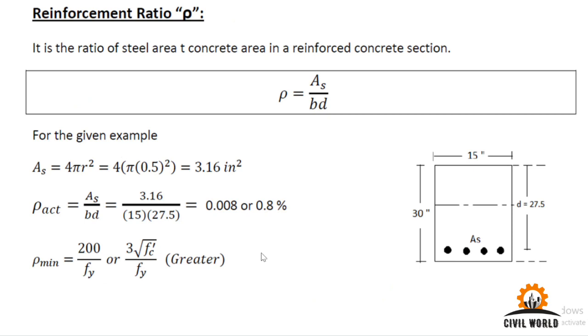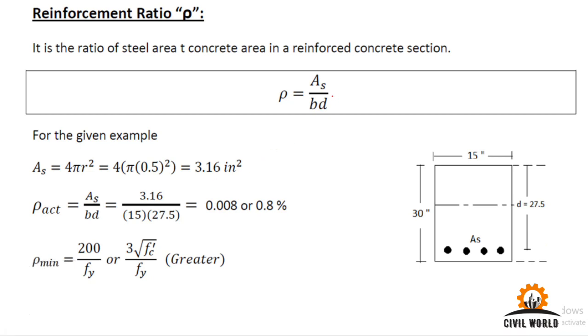Okay, then coming to a reinforcement ratio, we'll be using it quite frequently in our reinforced concrete design. Reinforcement ratio is basically the ratio of area of steel to the area of concrete. But we take the effective area of the concrete.